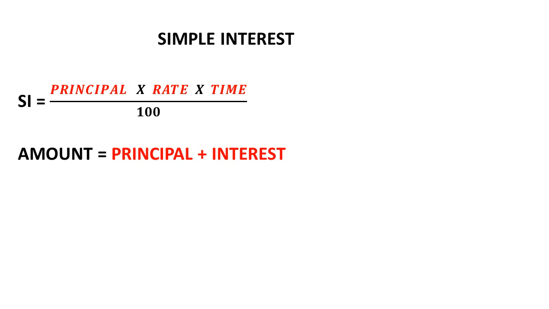On the same sum, at the same rate of interest per annum, the interest of every year is the same. So in simple interest, the principal amount is fixed, the rate is fixed, and the time depends upon the number of years. If it is 2 years, 3 years, 5 years, for all the number of years, the principal amount and the rate will be fixed. In general, whenever you hear the word interest, it is always simple interest.